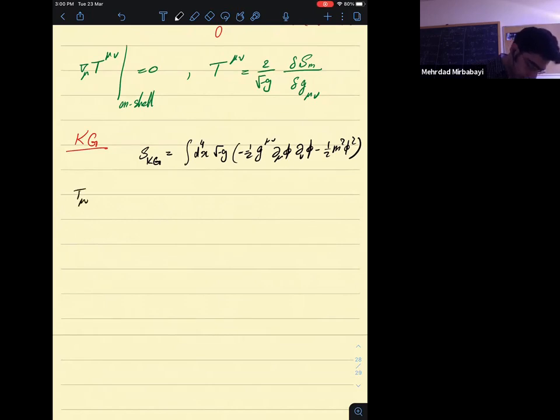So let's say if I want to know T mu nu with lower indices, that will be minus 2 over square root of minus g delta S Klein-Gordon divided by delta g mu nu, because the variation of the inverse metric is related by a minus sign to the variation of the metric itself.